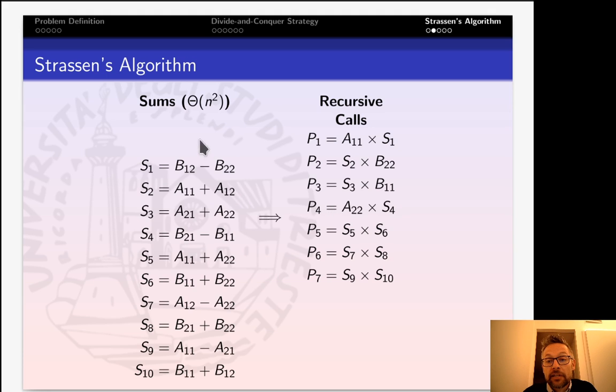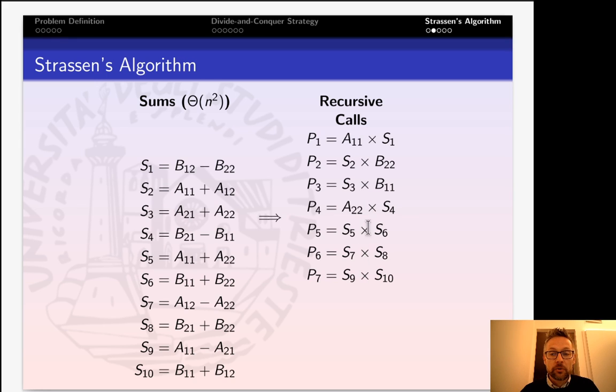So Strassen basically starts by building up 10 different matrices by using exclusively sum and subtraction between matrices. Okay, well, better, between blocks. And these are the definitions of the 10 different matrices built up in this way. Once you have these 10 different matrices, you can evaluate 7 different matrices by exclusively applying multiplications.